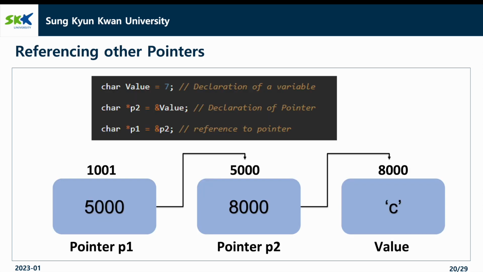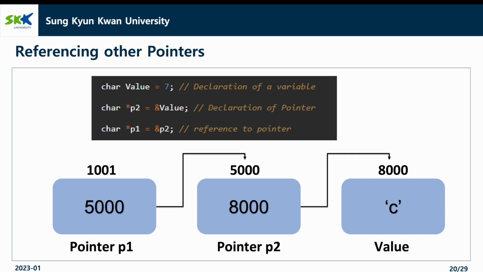This example refers to the data of the address value pointed to by the pointer along with the address value of the pointer. The first declared variable value contains 7 and is a variable with a memory address of 8000. The pointer variable p1 is a variable that contains the address 8000 of the variable value and has a memory address of 5000.